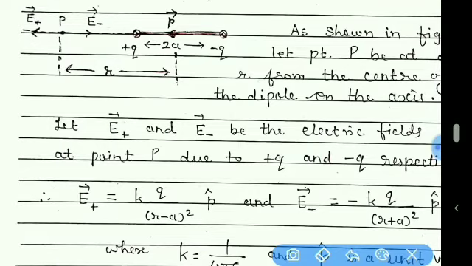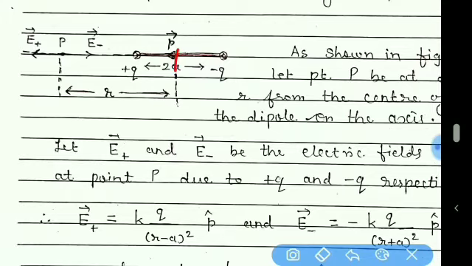In the figure you can see that point P is at distance r from the center of the dipole, but its distance from the charge Q will be this much, that is, r minus a.